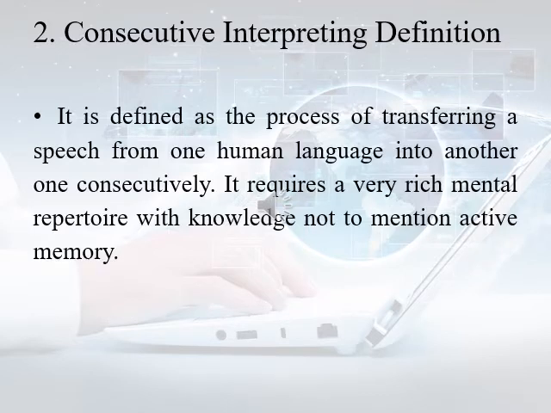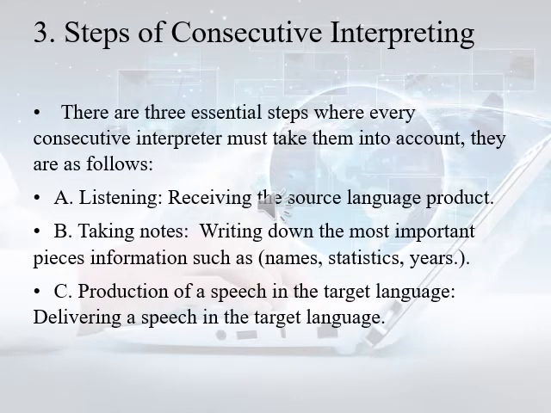As for consecutive interpreting definition, it's defined as a process of transferring a speech from one human language into another one consecutively. It requires a very rich mental repertoire with knowledge, not to mention active memory. There are many steps taken within the process of consecutive interpreting, and these steps are 3 in number.